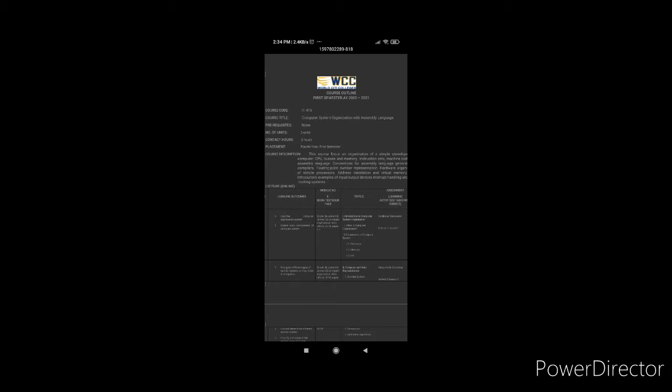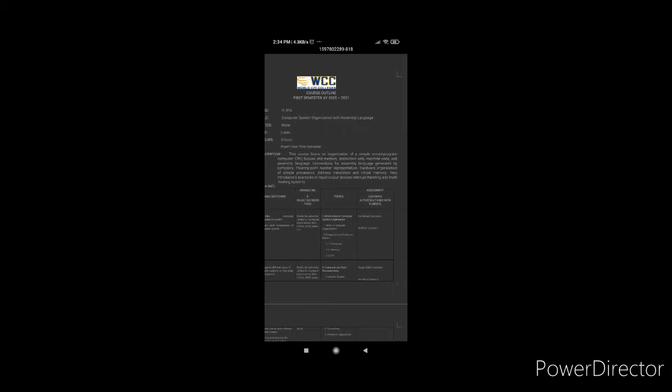This course focuses on organization of a simple stored program computer, CPU, buses and memory, instruction set, machine code and assembly language, conventions for assembly language generated by compilers, floating point number representation, hardware organization of simple processors, address translation, and virtual memory, very introductory examples of input-output devices, interrupt handling, and multitasking system.